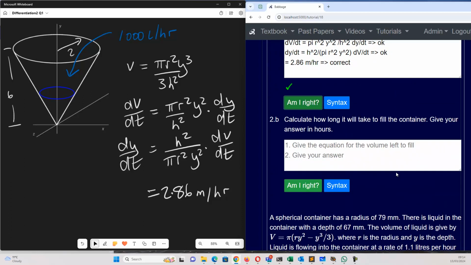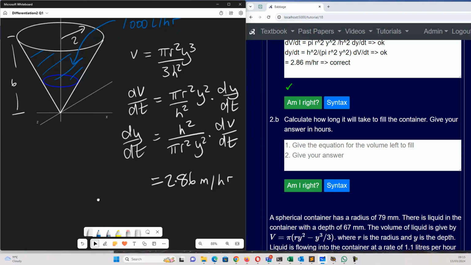2b. Calculate how long it will take to fill the container, giving your answer in hours. So what we've got to find out is the volume of this section of the cone. So we can find that by calculating the volume of the cone and then subtracting the volume of liquid.